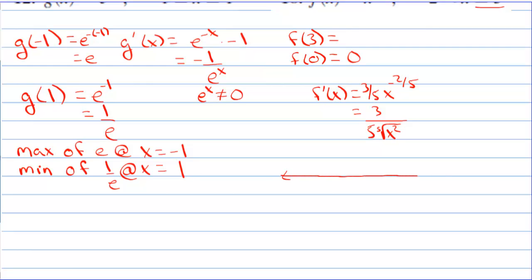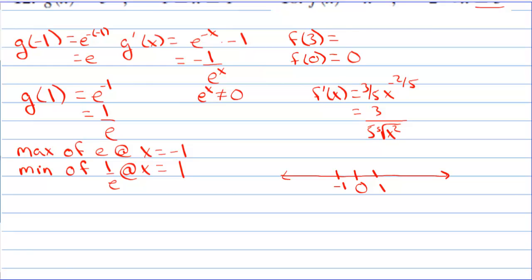Now if we throw this on a number line, 0, and we plug in, let's say, -1 and +1, we need to see that the derivative, or the velocity, is going to the right and then going back to the left in order for this to be a minimum or maximum, or vice versa.